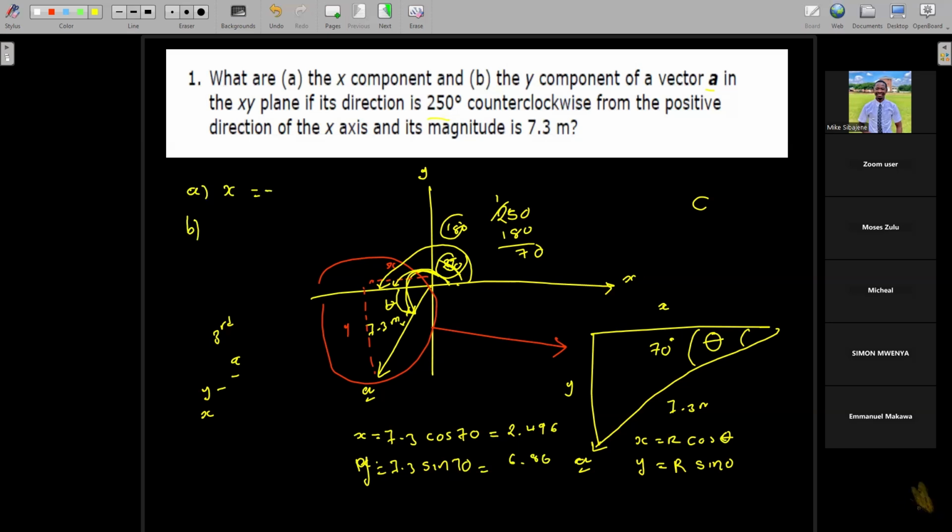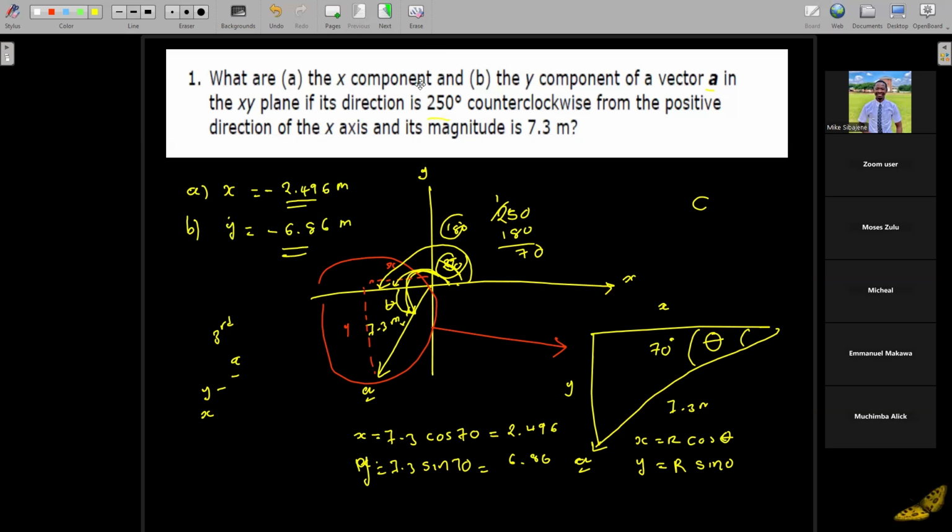So the x component is negative 2.496. The y component is also in the third quadrant, which is a negative answer, negative 6.86. These are my components, in meters. Units are very important in physics. Meters. Any question, guys?